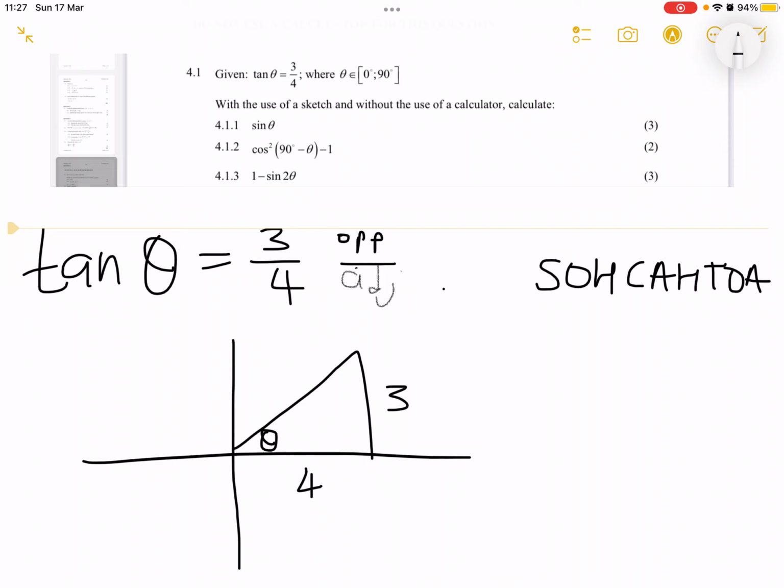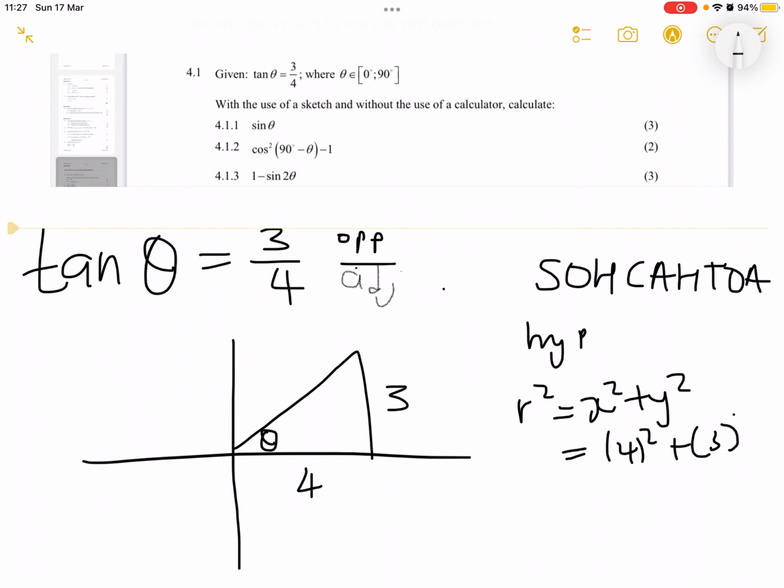Now, what side don't we have? We don't have the hypotenuse, which we can get from the Pythagoras theorem: r squared is equal to x squared plus y squared. What is our x value? It's 4 squared plus 3 squared, which is 16 plus 9. That's r squared is equal to 25.